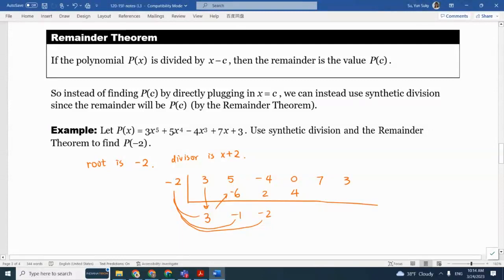Nikema, 0 plus 4. 4 times -2. Zach, 7 minus 8. -1 times -2? Yes. 3 minus 2. Yeah. You see, the remainder is 1.